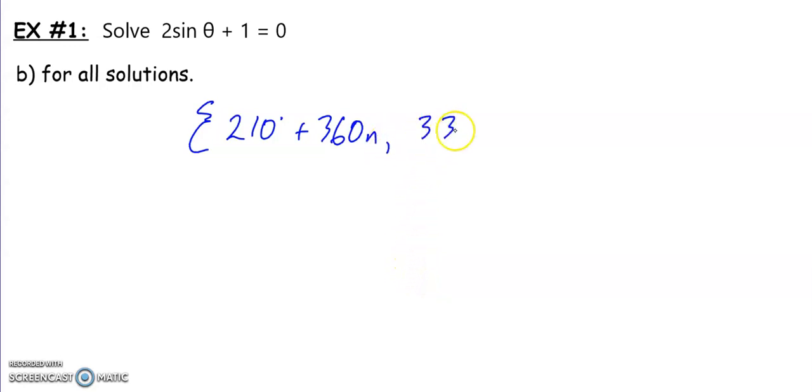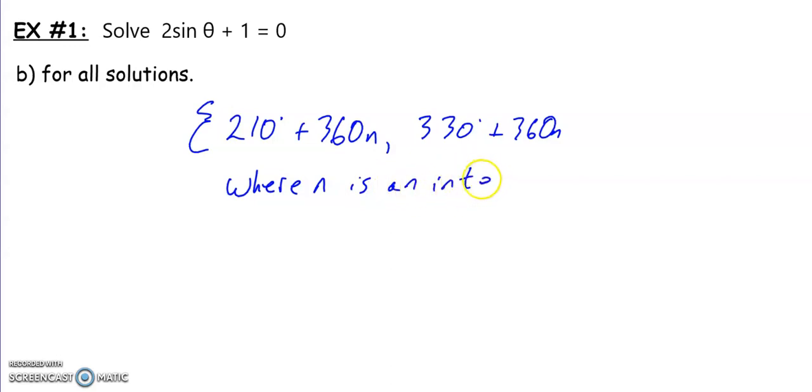We can take our 330 degrees and also add 360 degrees. And we're going to say where n is an integer. So 210 degrees plus 360n, or 330 plus 360n, and that gives us all of our solutions because we can keep going around and around our circle. And because n is an integer, we can also do negative degrees.